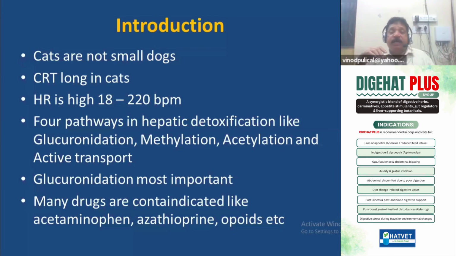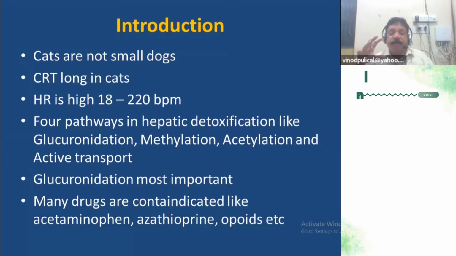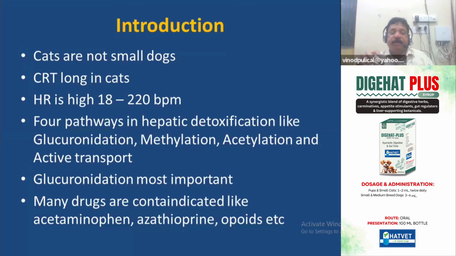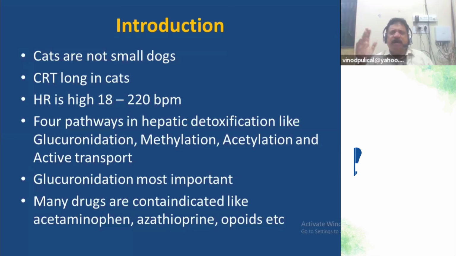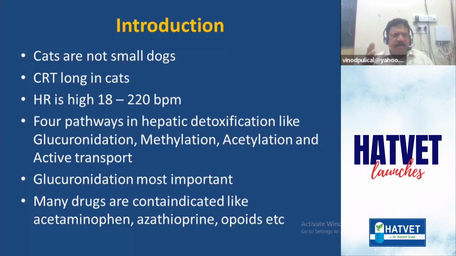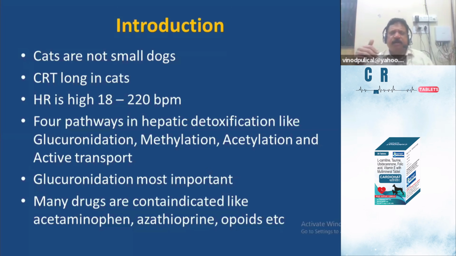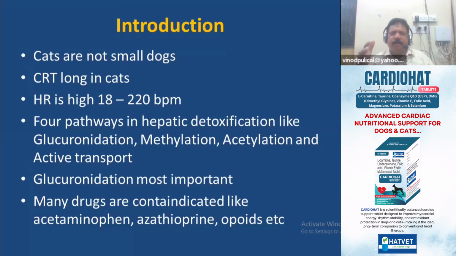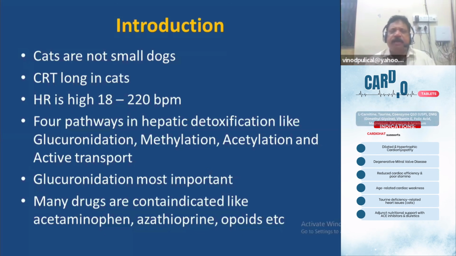Many foods or drugs are contraindicated in cats, like acetaminophen and its derivatives, salicylates, acetylpropanoids, so many, dimercaprol, British anti-lewisite, then pyrethrins, then heavy metal compounds. A lot of drugs are contraindicated in cats.